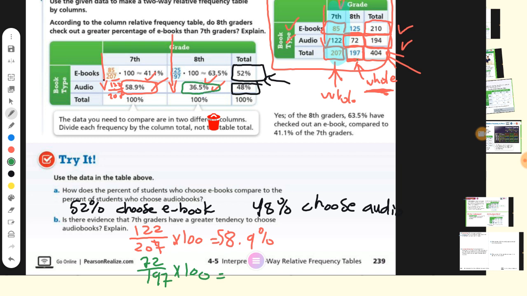I already calculated 36.5%. So yes, the students in 7th grade choose the audiobook more than the students in grade 8. This is how to solve a question like this and how to read the data from the table. Okay, that's it for today.